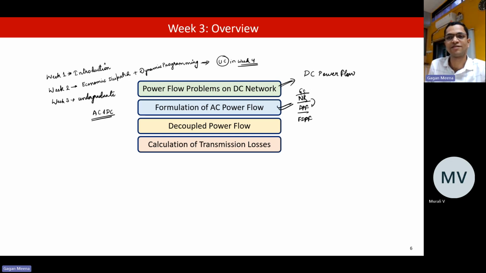In between these two, there is one more, quasi-Newton, which has been termed as dishonest NR in the slides and lectures. The last one was transmission losses, and how to calculate them.